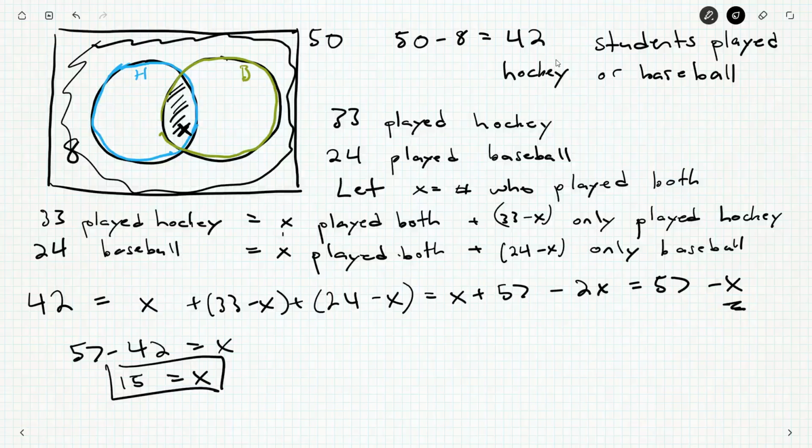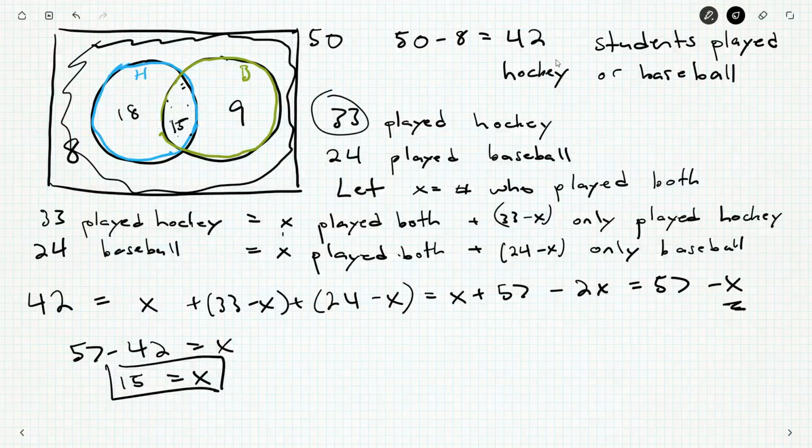And if you wanted to, now that we know that the overlap there is 15, we could go back and fill in the rest of this Venn diagram. If 15 of the students are in the overlap, how many students who played baseball are left to have just played baseball? Well, that would be 24 minus 15, or 9. How many students just played hockey? It would be the people who aren't in the overlap bit. And so there'd be 18 of them, because 18 plus 15 is 33.